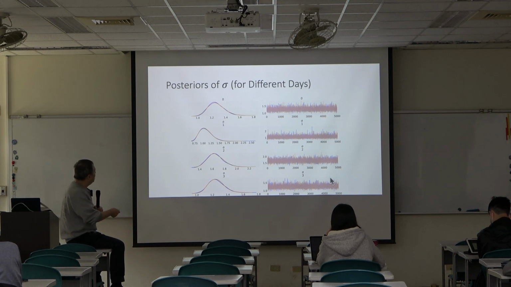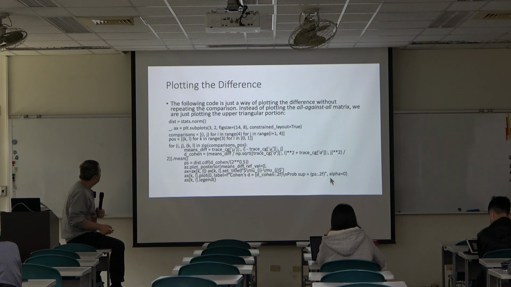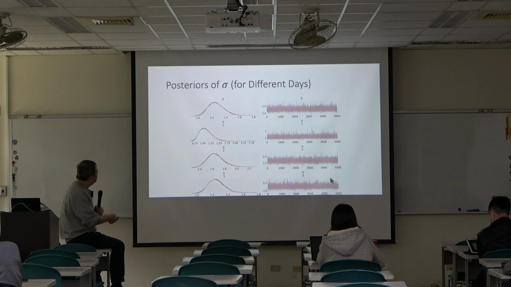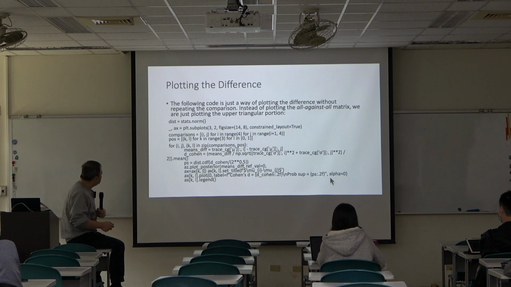Then the most important thing is generating this, just like the previous one. We have these 4 groups. The only difference compared with the previous example is that now we have 4 groups, so we generate the mu and sigma for these 4 groups. But the more important thing is that we want to plot the differences.